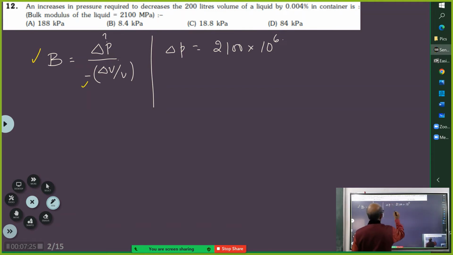So B value into delta V by V, that is, there is an increase of 4 for every 1000. I am just writing it. You have got to use your head and tell me whether what I have written is right or wrong.